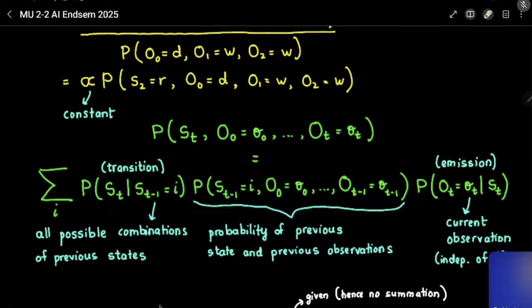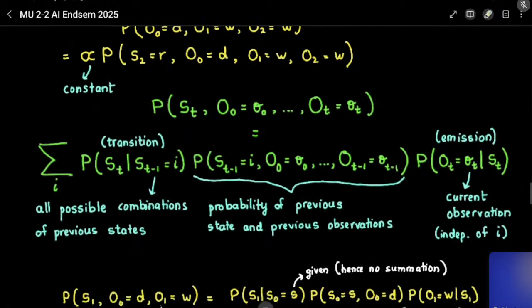You are at state i, and then you're transitioning from state i to state ST. Along with that, you're also multiplying with the emission probability, because after you transitioned from state i, you'll be observing OT given you're at state ST. So this is just a formula, and we'll be using this formula.